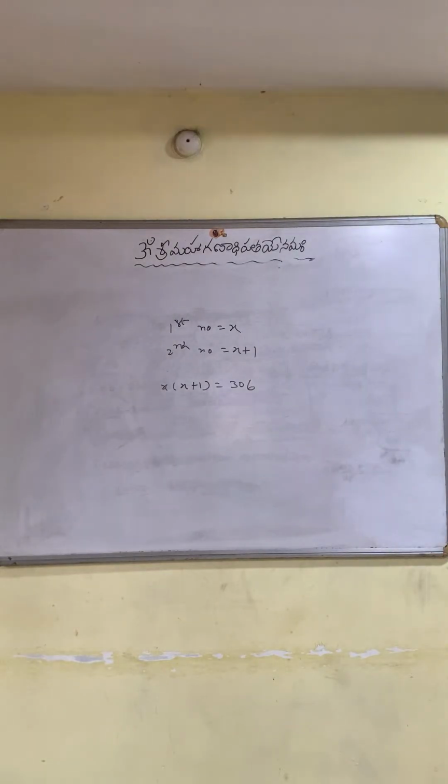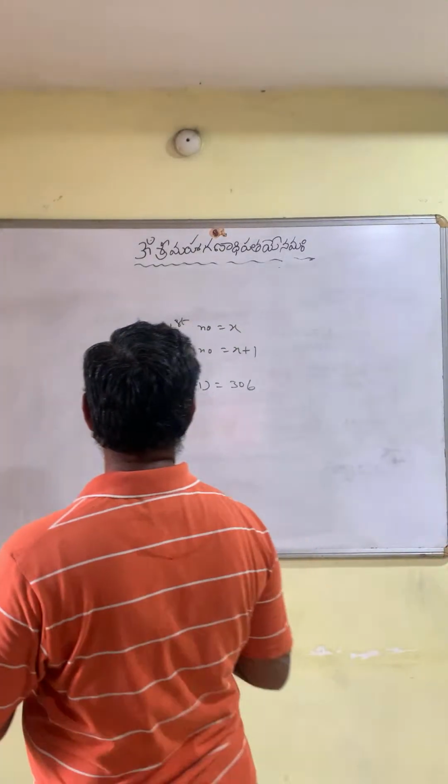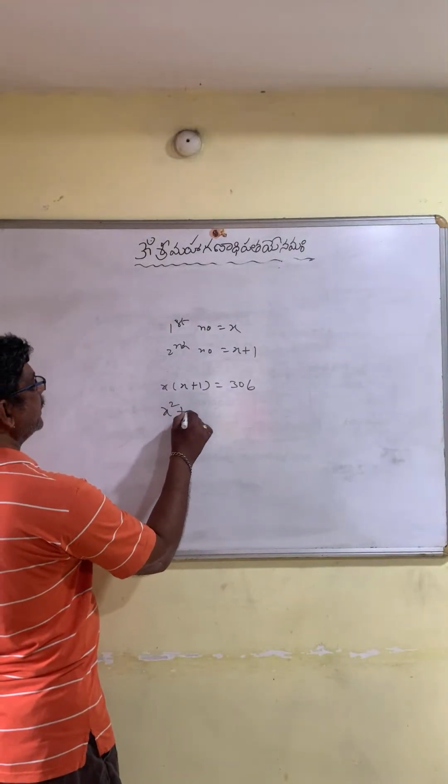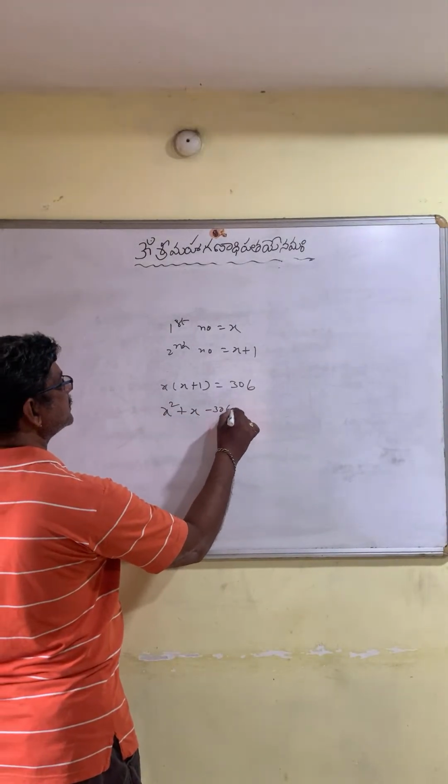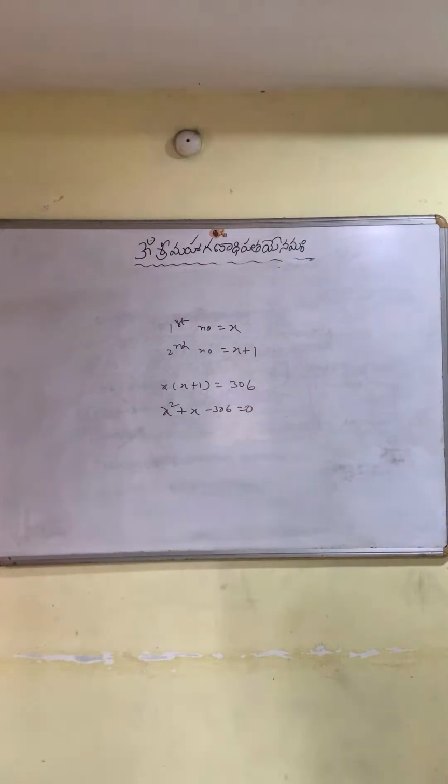Now x into x plus 1 is equal to 306. So x square plus x minus 306 is equal to 0.